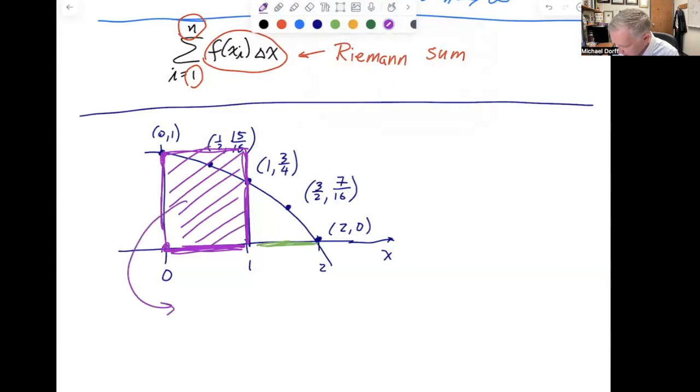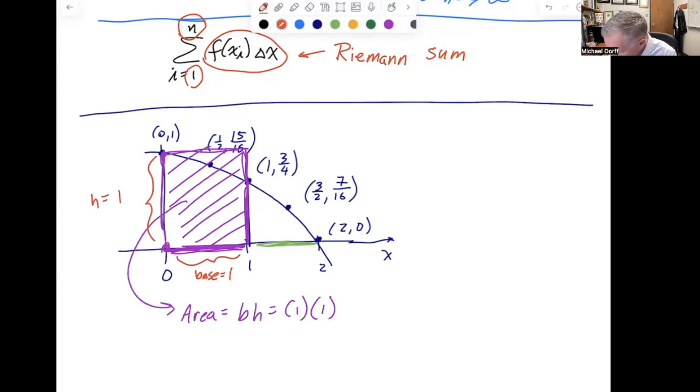What's the area of that? Well, it's base times height. The base is 1, and the height is 1. For the second rectangle, the one on the right, I'm going to use this green color, and the rectangle looks like this.